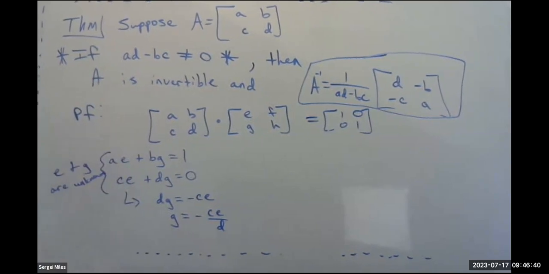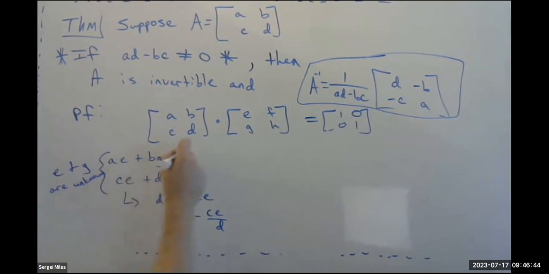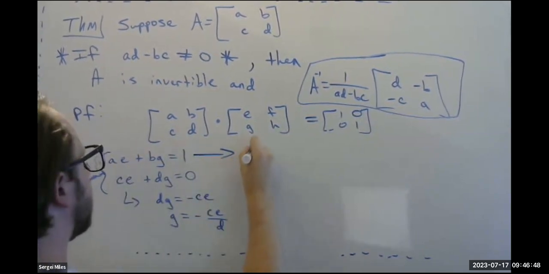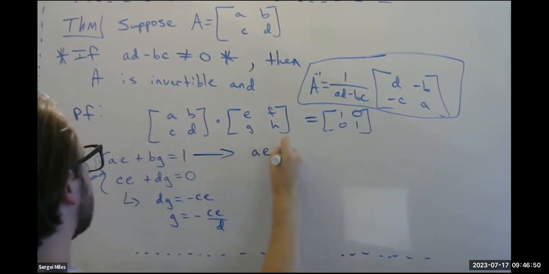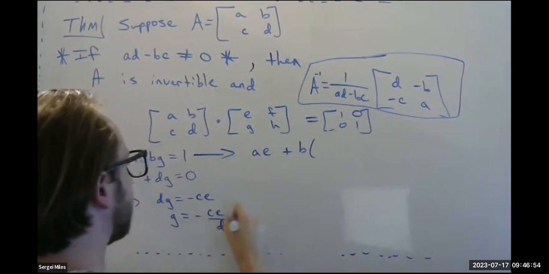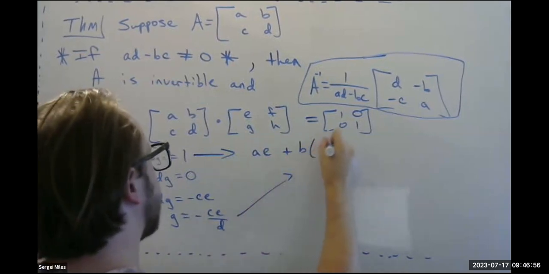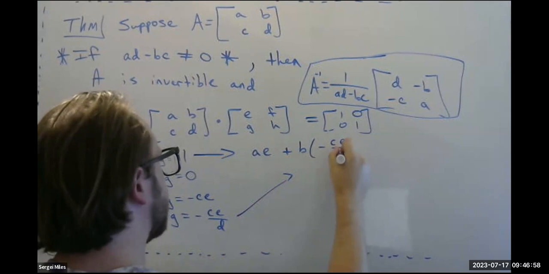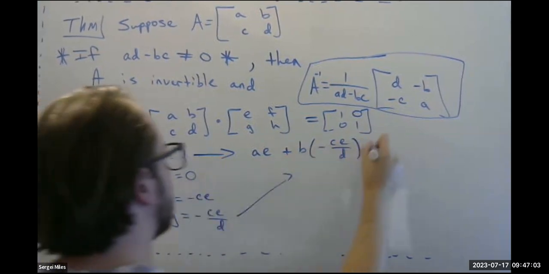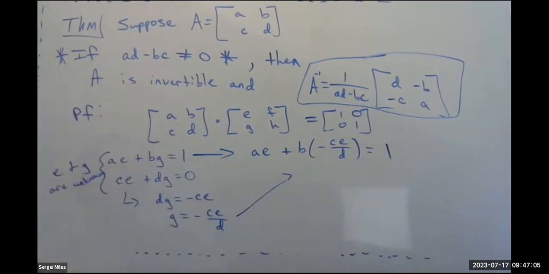Okay. Well, now I'm going to take it and plug it into the first equation. So now I have A times E plus B times G, which I'm going to plug in now, is negative CE over D. And this is supposed to equal 1, according to the first equation.